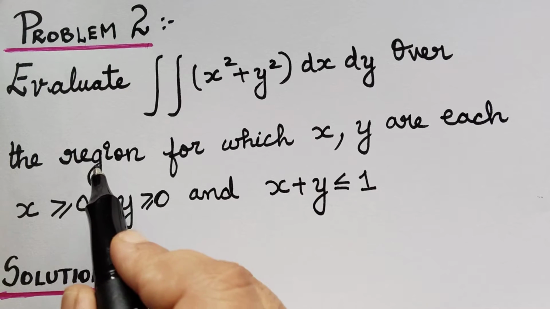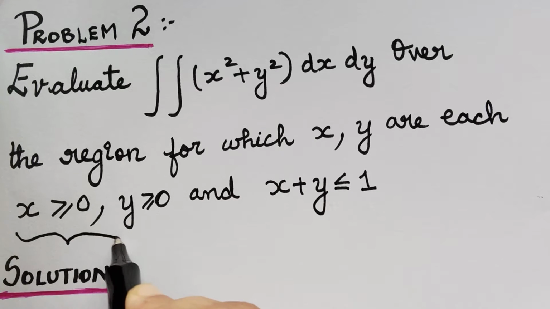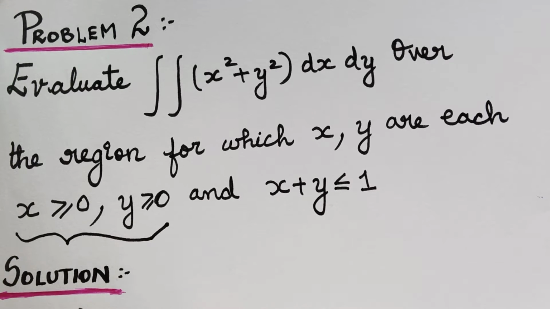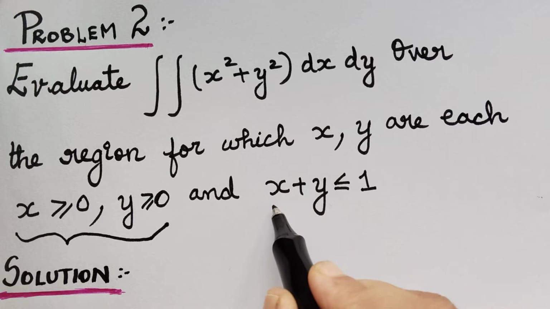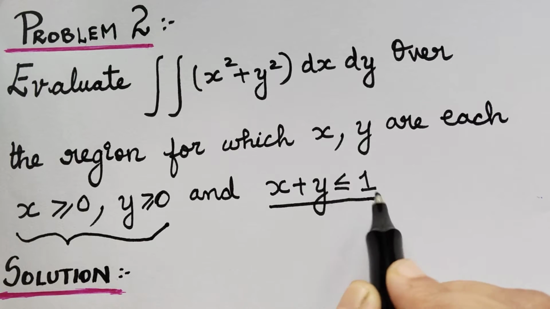In order to sketch the region, we observe that both the values of x and y are greater than or equal to 0, which means that we are concerned only about the positive quadrant. Let us draw the line x + y ≤ 1 in the positive quadrant.